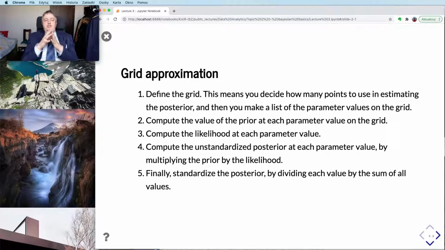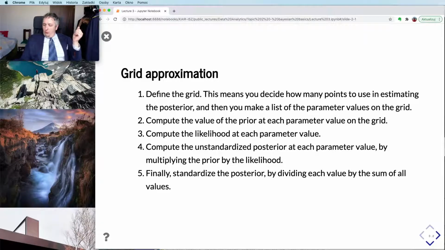So generally, grid approximation is like this. We divide our parameter space into a grid. So we decide how many points we use to estimate the posterior, and we take our parameter values on this grid. So this is generally the idea, that we are transforming our continuous distribution to a discrete distribution, which makes everything much easier.